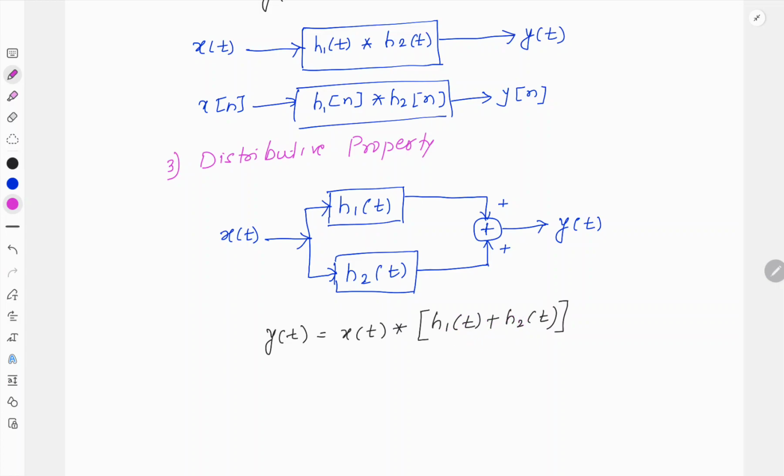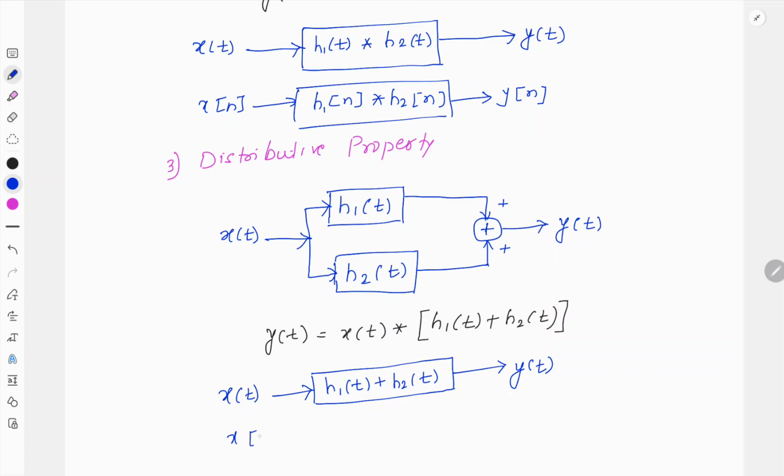Therefore the simplified diagram will be: we have the applied input x of t, the parallel systems are now simplified, we get h1 of t plus h2 of t, and we have the output y of t. So this is the distributive property for the convolution integral.